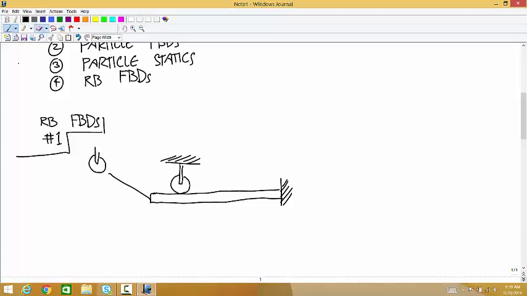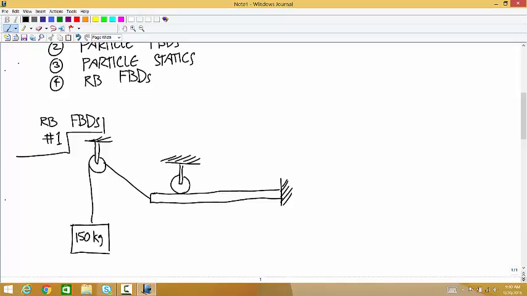There's a cable that goes over a pulley. And then there's a mass of 150 kilograms.